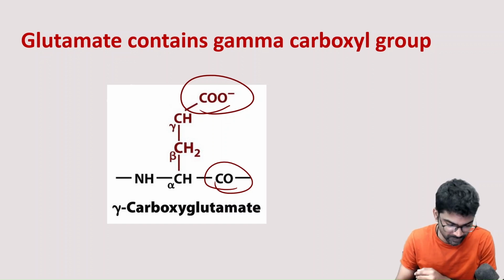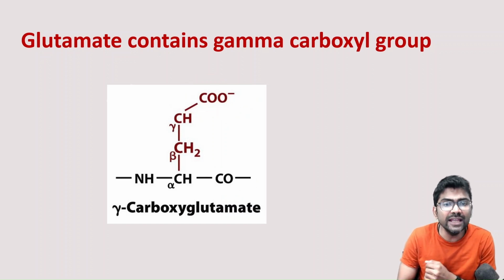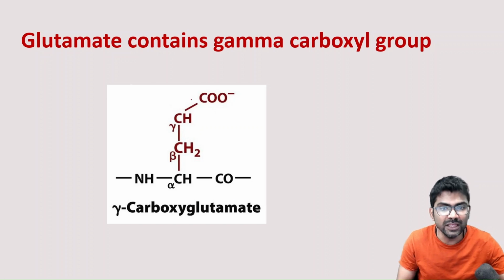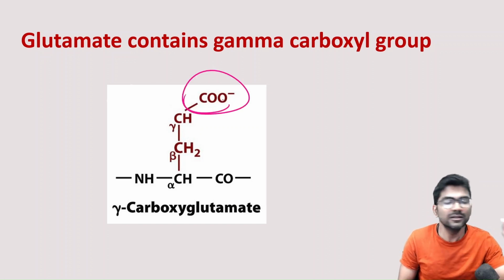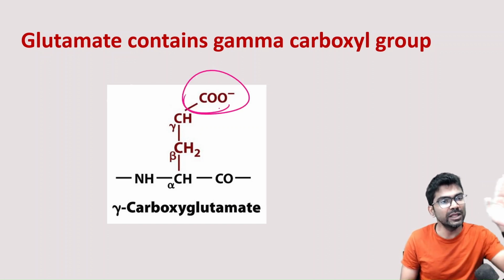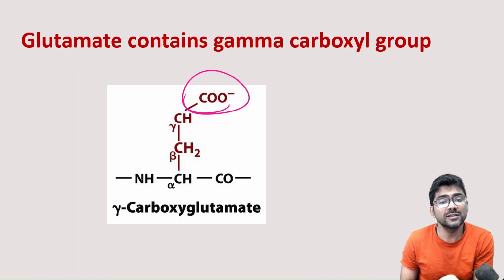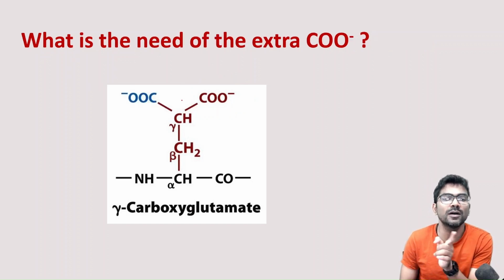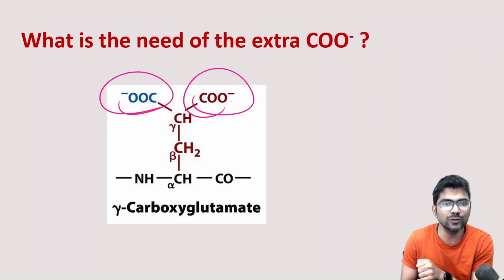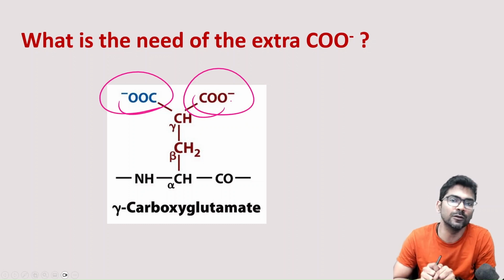So it is not free. So which is free? The side chain. So there is already one gamma carboxyl group. Vitamin K is going to help in the formation of one more carboxyl group here, right? So now there are two gamma carboxyl groups.